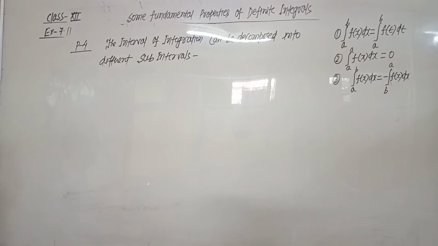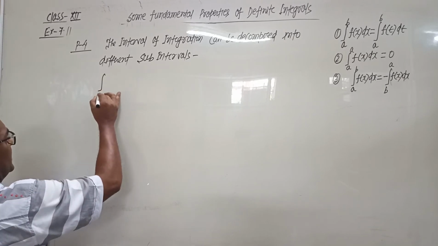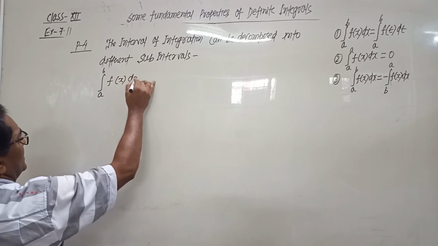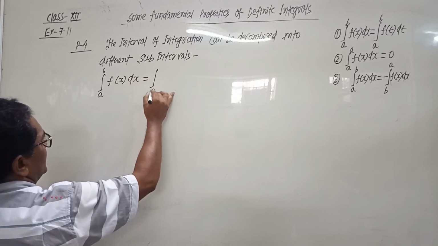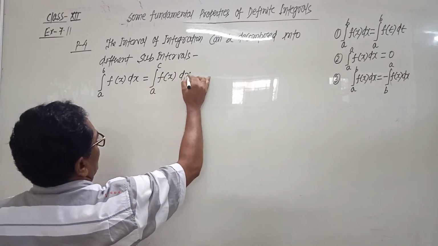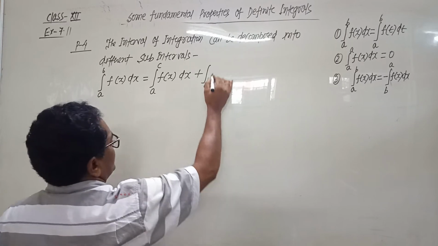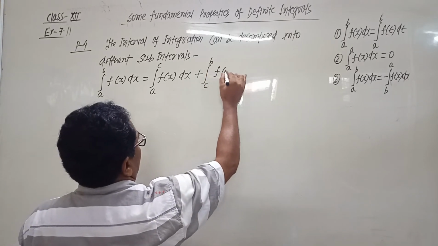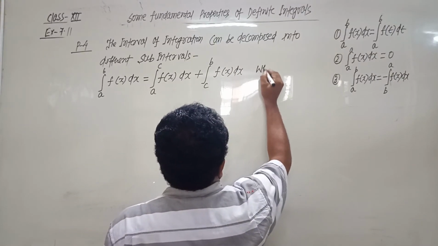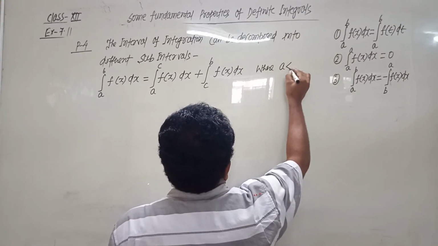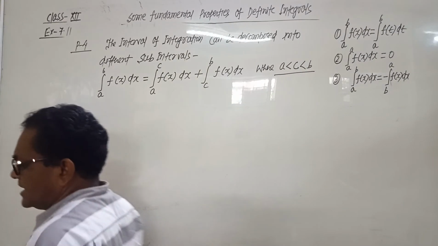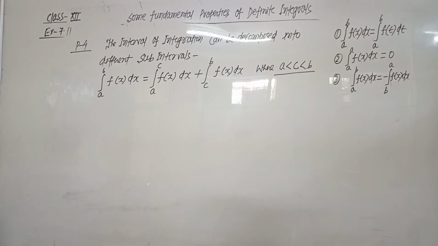As for example, integration a to b f x dx is written as integration a to c f x dx plus integration limit c to b f x dx, where a is less than c is less than b, meaning the value of c lies between a and b.